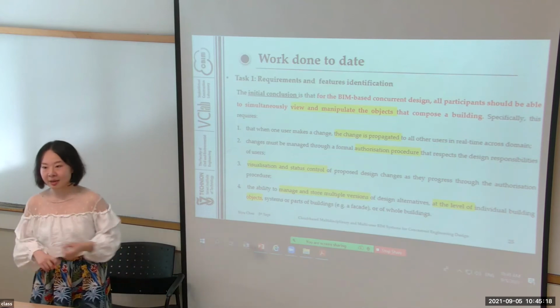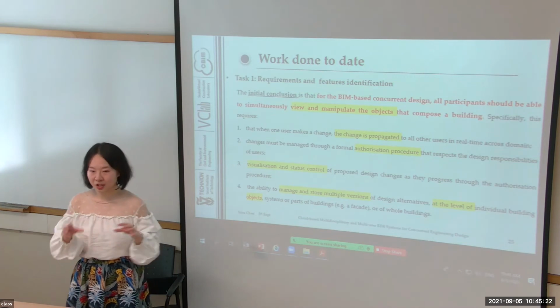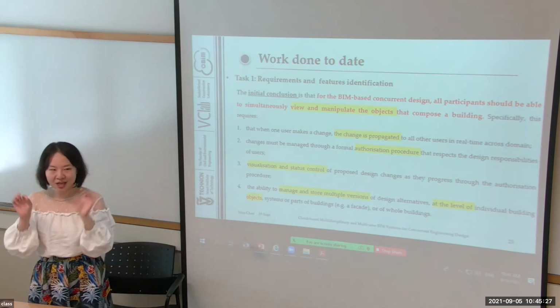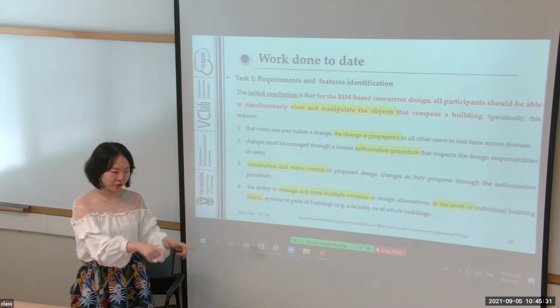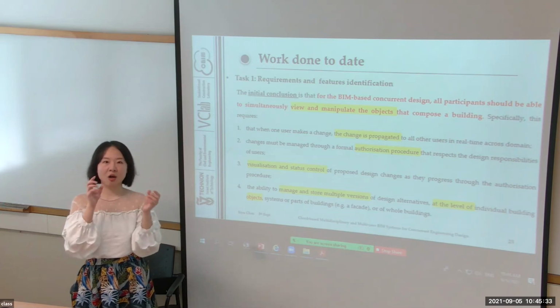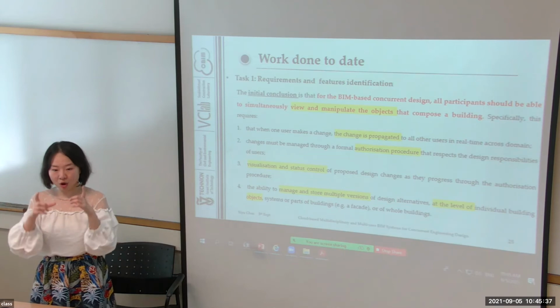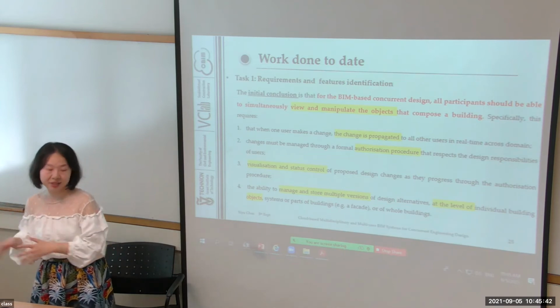Let me give you an example. If an MEP engineer makes the section of a pipe or a duct larger, then the opening on the floor or on the wall in the structural or architectural model should also get enlarged right after that.